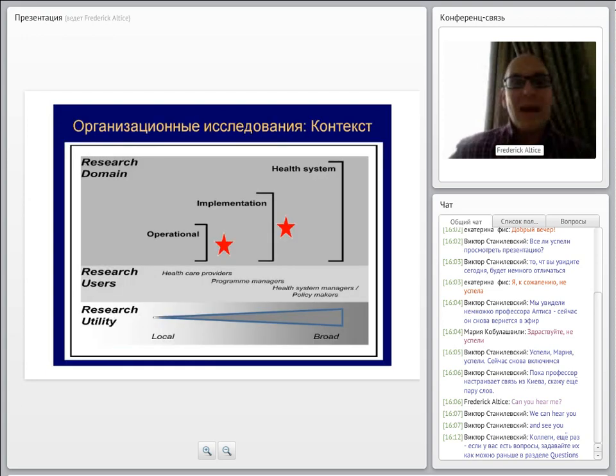So let's get back to the question of disentangling some of the issues around whether we're talking about operational research, implementation science, or health system delivery. And from a research perspective, for operational research, we're really looking at those factors that are happening at the healthcare provider level. So those things that are happening kind of on the ground.